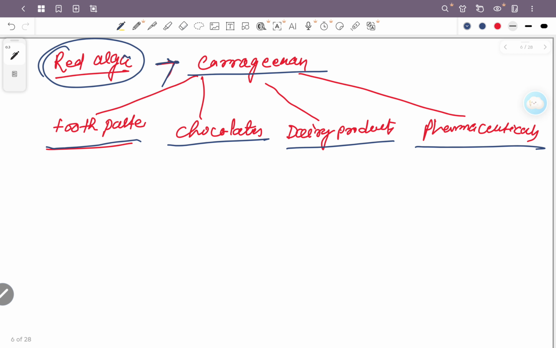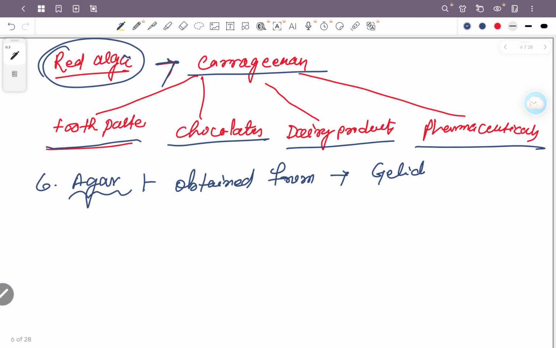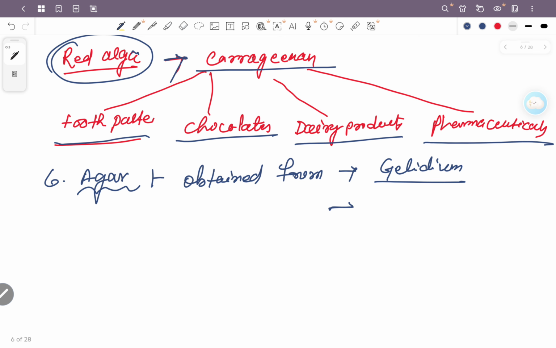Now the next one is agar. You might have heard about this. This is used in microbial culture media. It is obtained from, very, very important, Gelidium and Gracilaria. Very important, children.